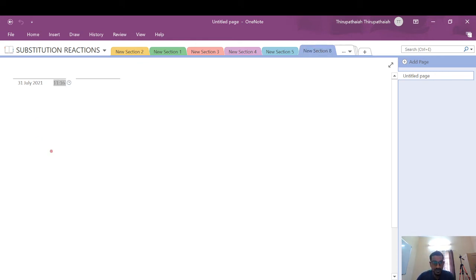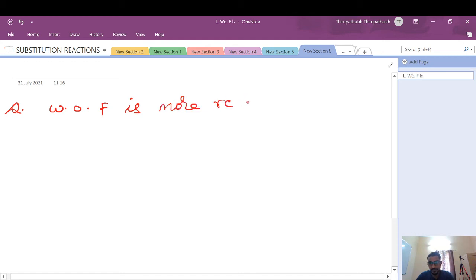Now, I have given these molecules. Predict which of the following is more reactive. One is CH3Cl and the other one is CH3CH2Cl.